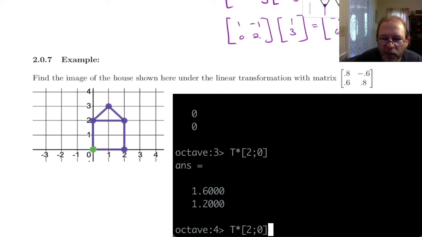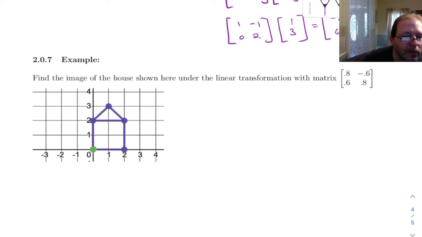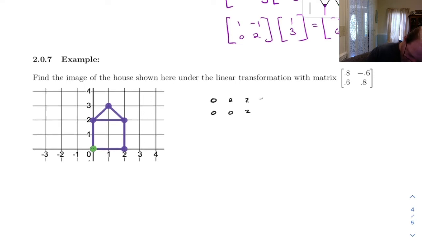What we can do, we can't put all of these in as one big vector, but we can as one big matrix. Let me show you what I mean. The points that we have in the original graph, we've got 0, 0, then we've got 2, 1. I'm sorry, 2, 0. Then this one's going to be 2, 2. The house top is 1, 3.